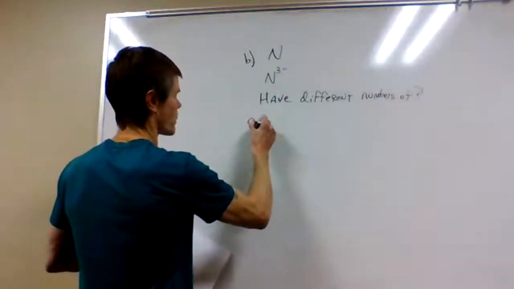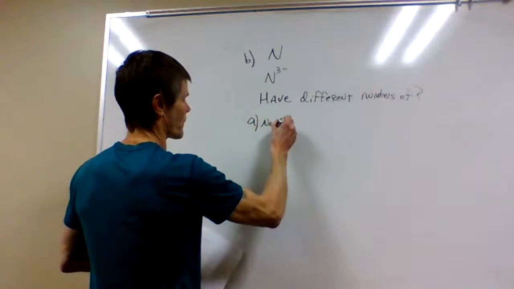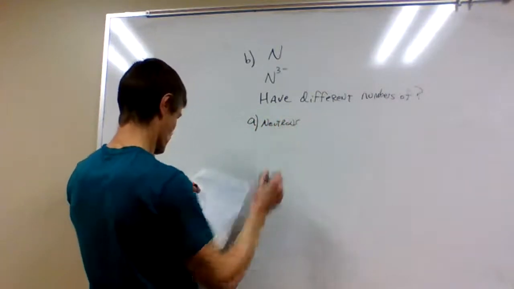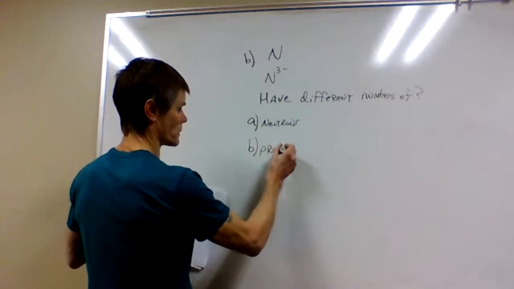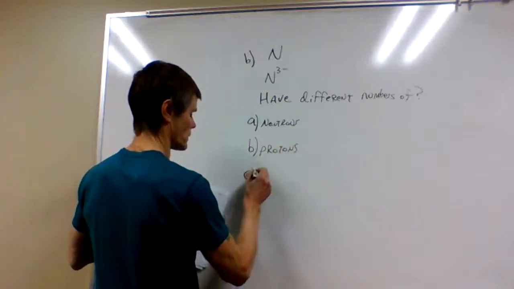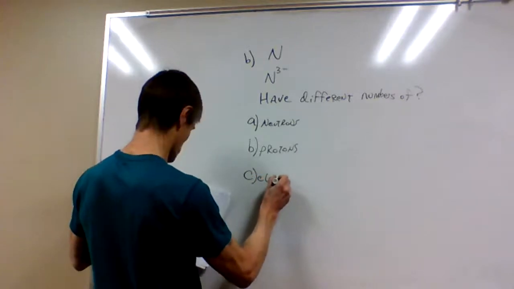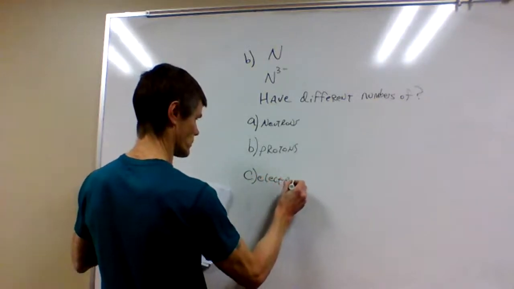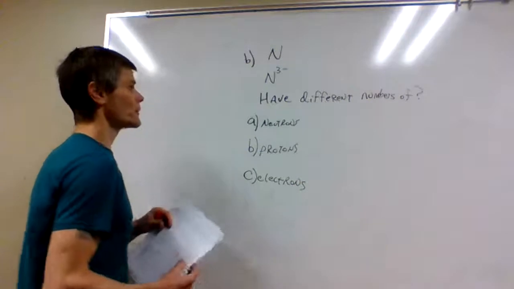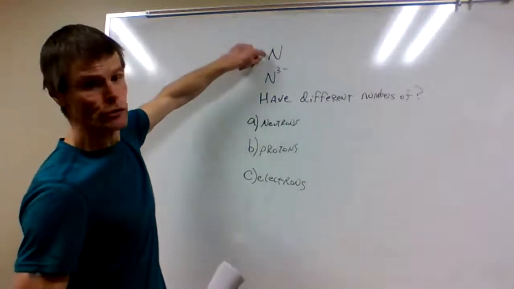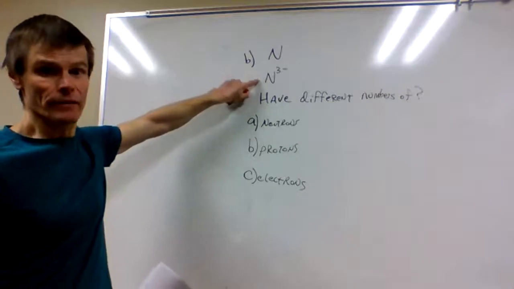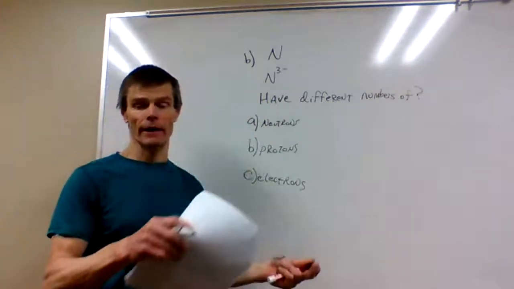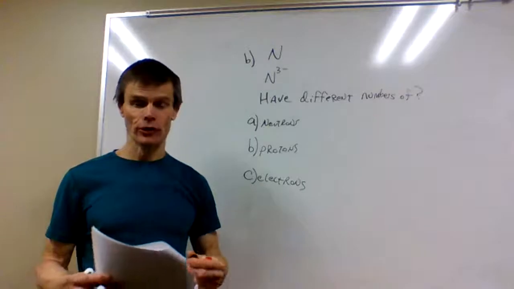Neutrons? Protons? Electrons? Okay, notice this is nitrogen, and this is the nitride anion. It's a negatively 3 charged anion that's derived from the nitrogen atom.